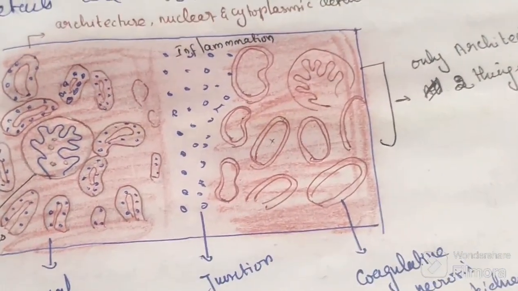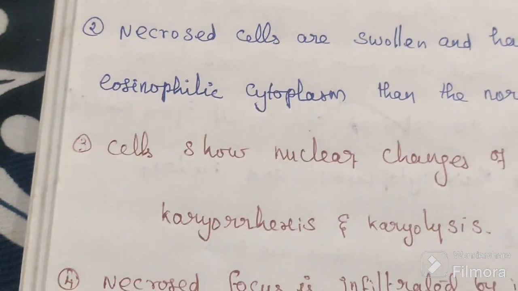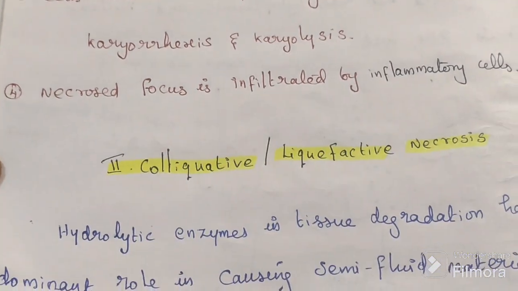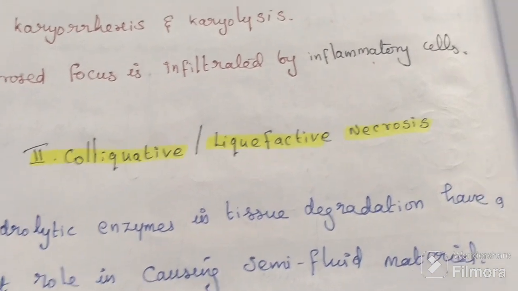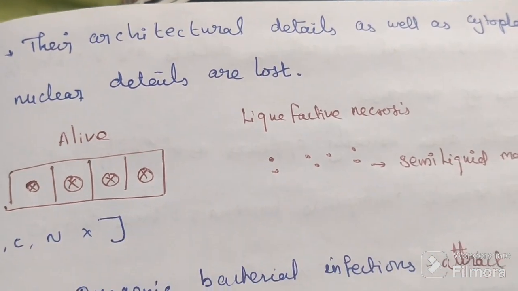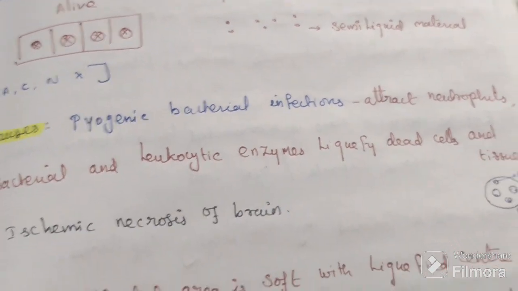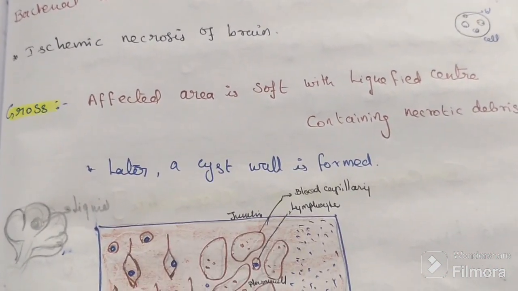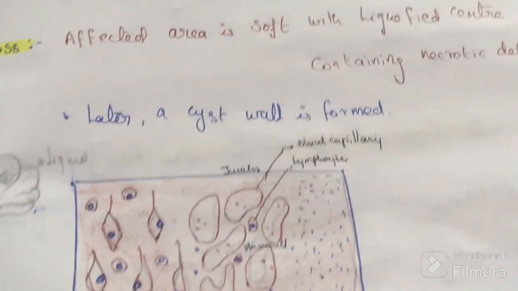This one is an example of a kidney cell. Second one is colliquative or liquefactive necrosis. This one affects the brain, mainly by bacteria.